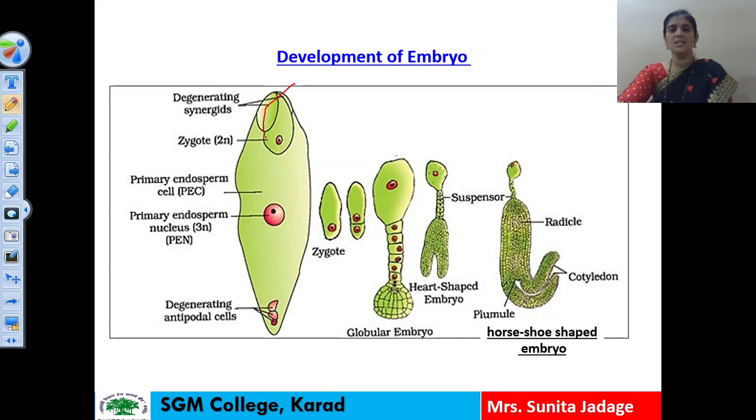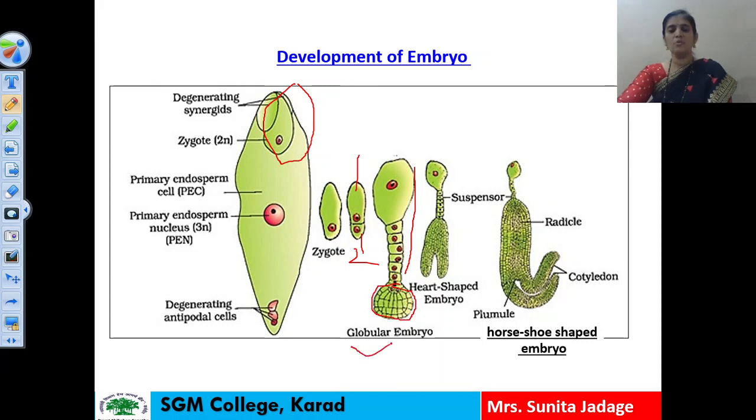Here you can see only the zygote is there inside the ovule, and from the zygote a 2-celled pro-embryo will be formed. From that, the upper larger micropylar cell forms the suspensor, and the lower chalazal cell is the embryonal cell. From the suspensor cell, the suspensor will be formed, and from the embryonal cell, this is the embryo.